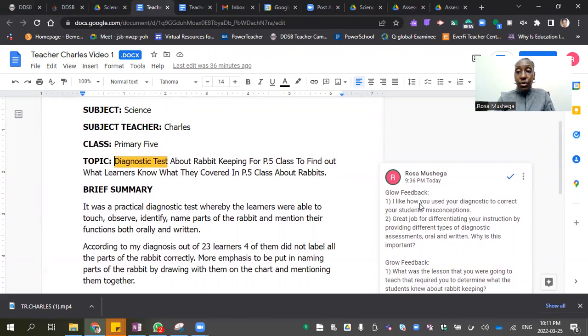So a simple question could be, tell me 2 or 3 things you learned about rabbits in P5. Write them out on a piece of paper. Done. That's your diagnostic. So that you know what not to waste your time teaching because you've taught it, or what misconceptions the students have about rabbit keeping, and then you can fix those misconceptions.